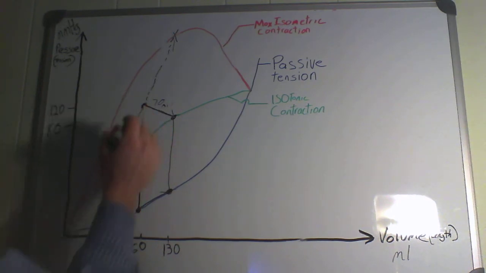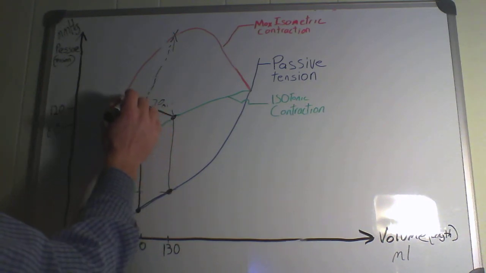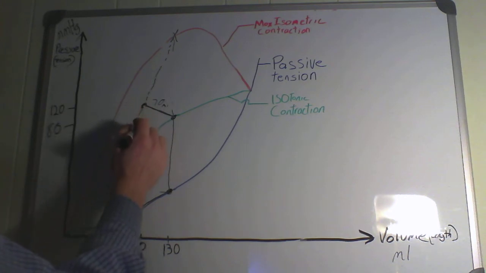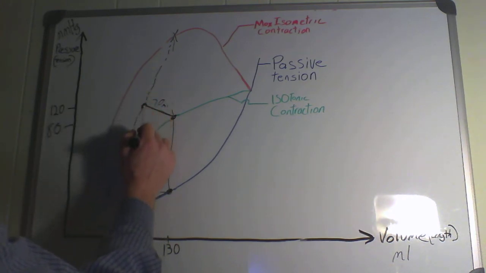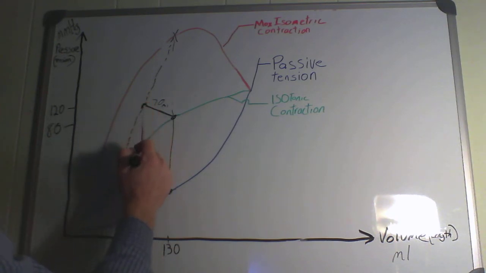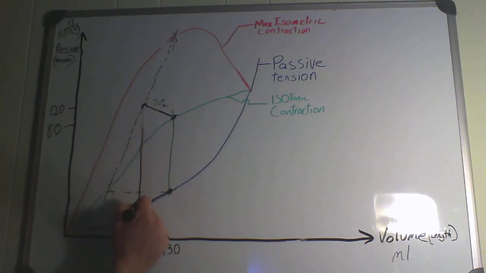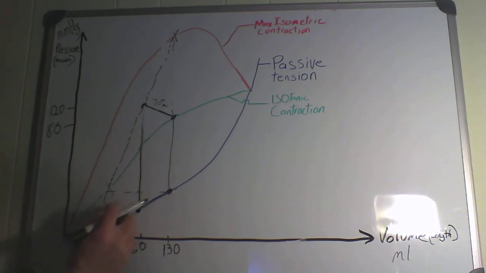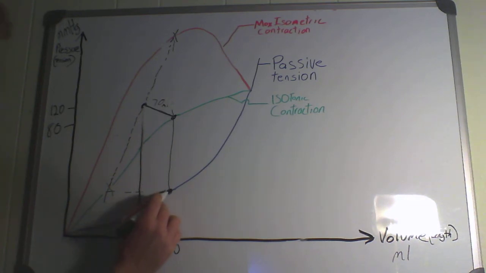Bam. And then from this point here, you'll have isometric relaxation. Boom. The heart is relaxing until here, and then the mitral valves open here, and the ventricle will passively fill to this point here.